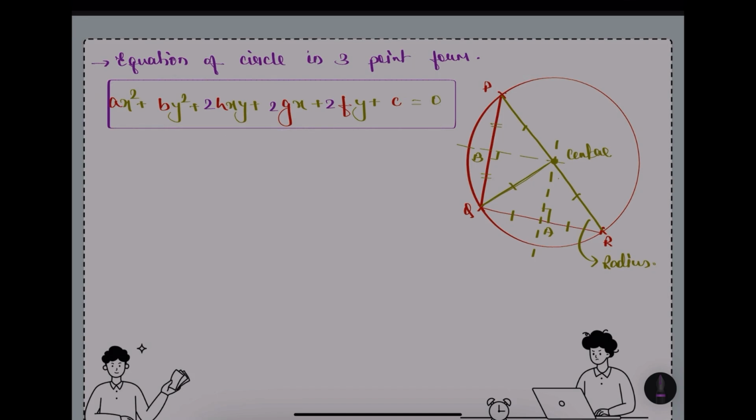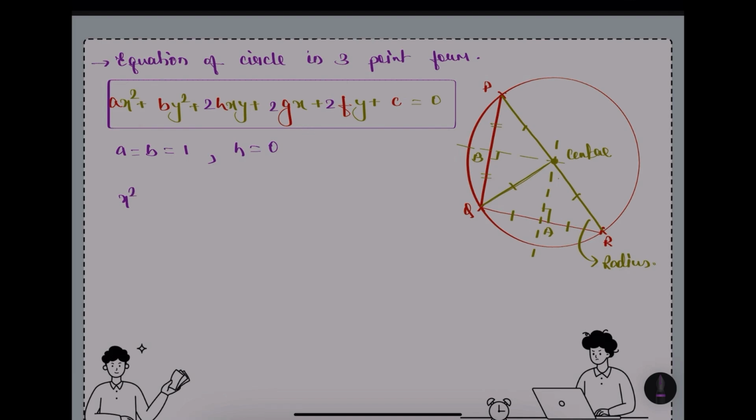Now we are interested in finding the condition for which this will represent the equation of a circle. You know that for a circle, a should be equal to b should be equal to 1, and h should be equal to 0. So this is already covered. Now how will our equation look?